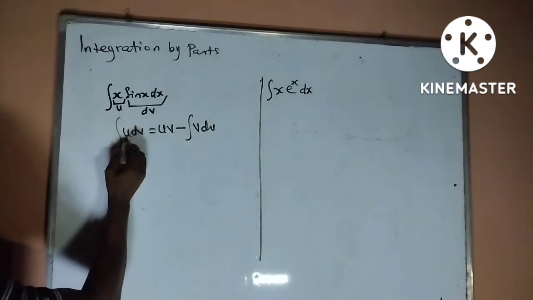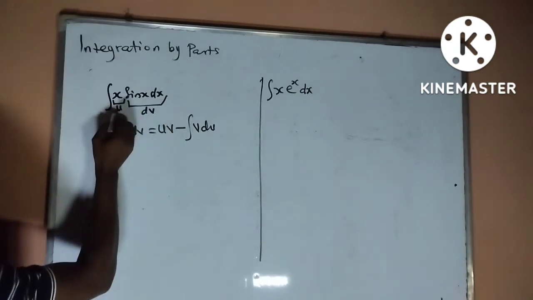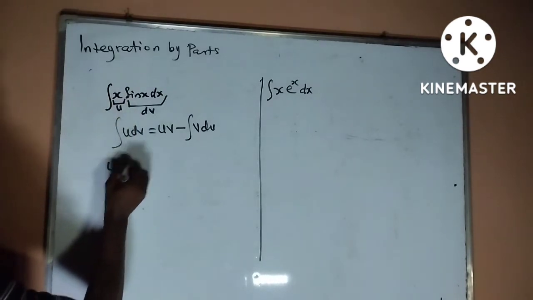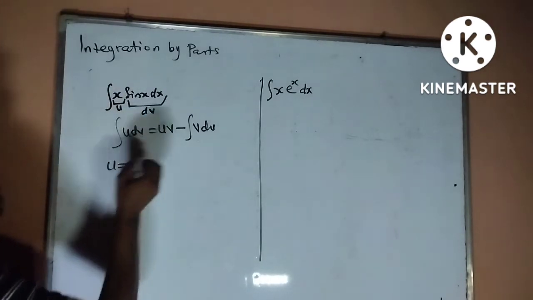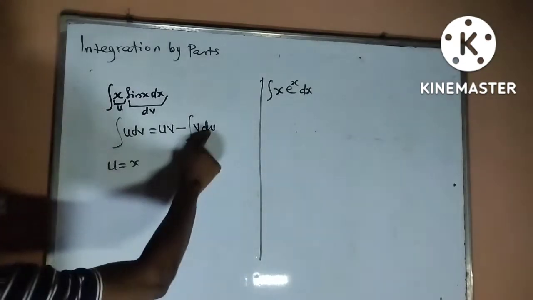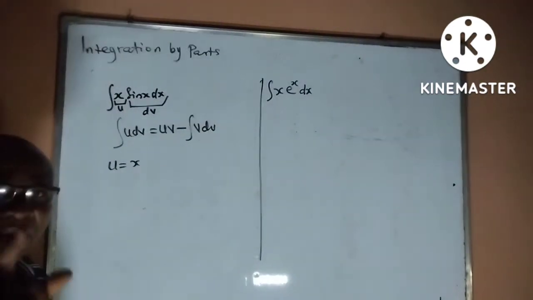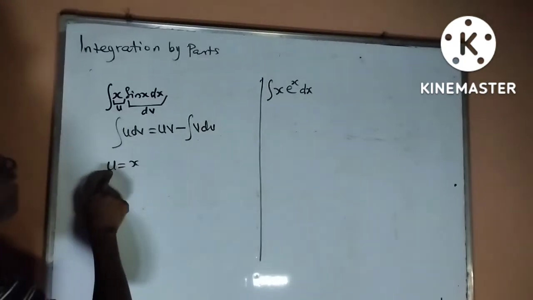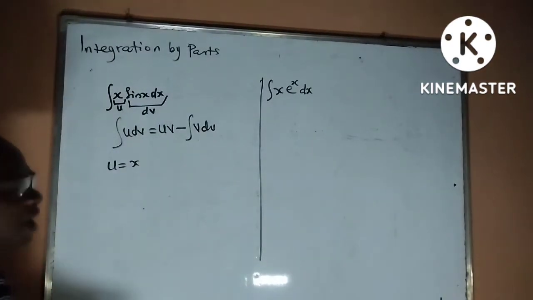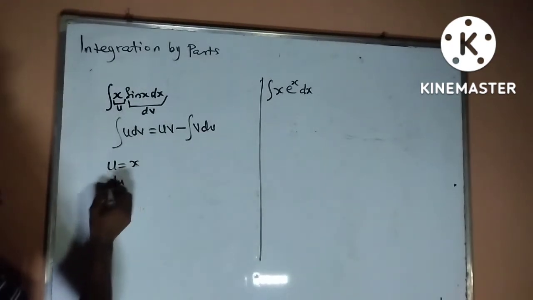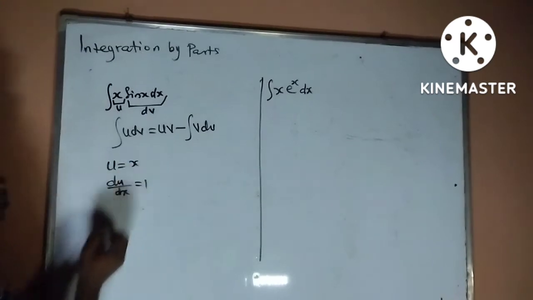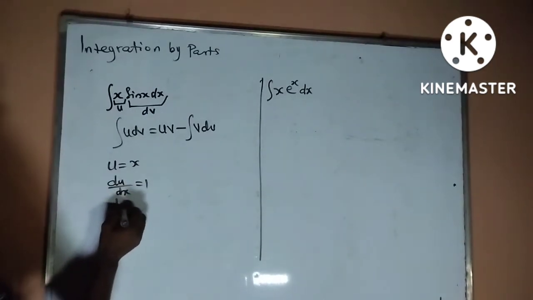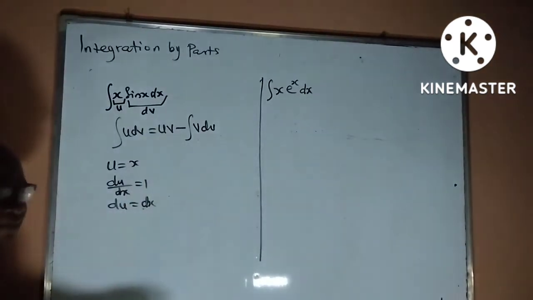So my u is here. u is equal to x. And to get my du, I will differentiate u, and that is du dx is equal to 1, meaning that du is equal to dx.